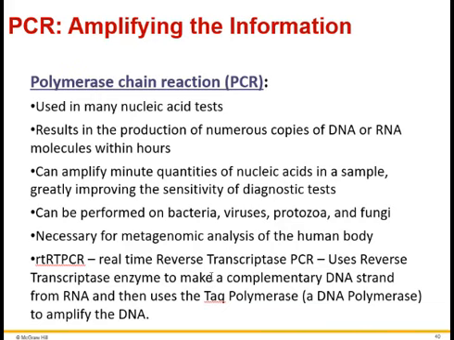Now, how many cycles it takes for you to get that positive result is called the CT value. The CT is the cycle threshold, or whatever. It's just the number of cycles required to get a positive result. And that gives you a quantitative as well as qualitative result, not just that you are positive, but how positive.